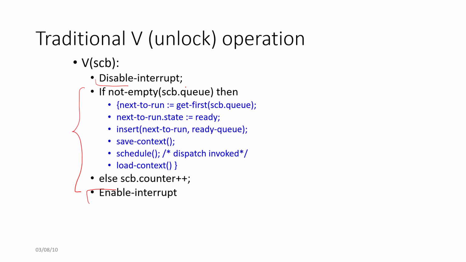If its queue is empty, which means no task is waiting, then we simply increment the counter, which pretty much releases the lock, and then we move forward. However, if the queue is not empty, which means another task is waiting, then given the fact that it's a priority queue, we find the task with the highest priority.